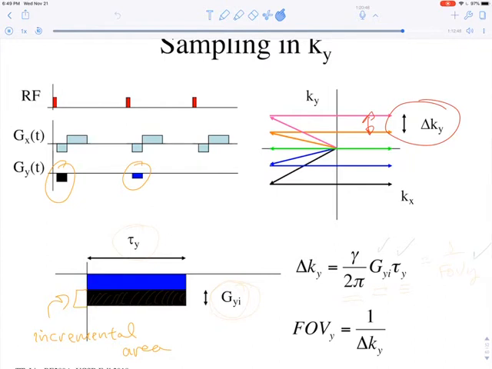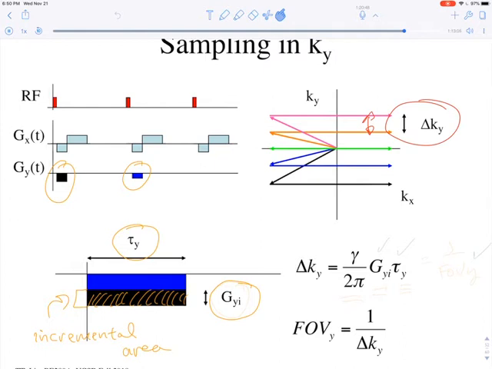Typically we want to solve for either this incremental area or the width of it, and you'll typically be given one parameter or the other. In either case, the delta ky, that incremental area, is simply this area here.